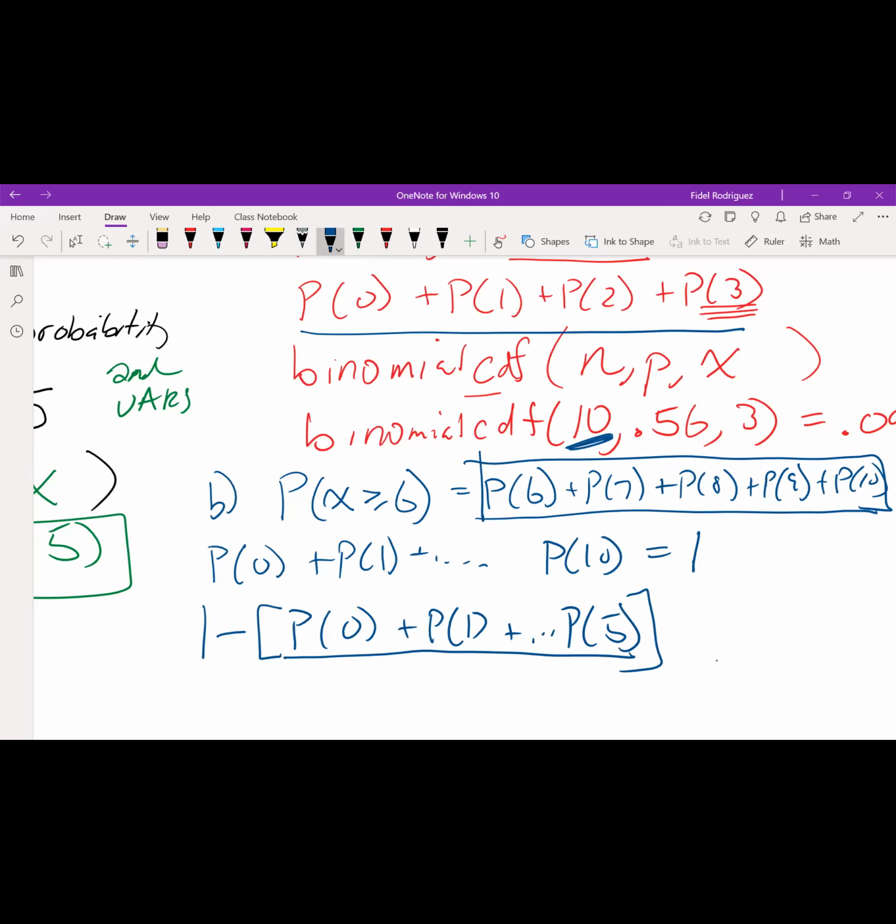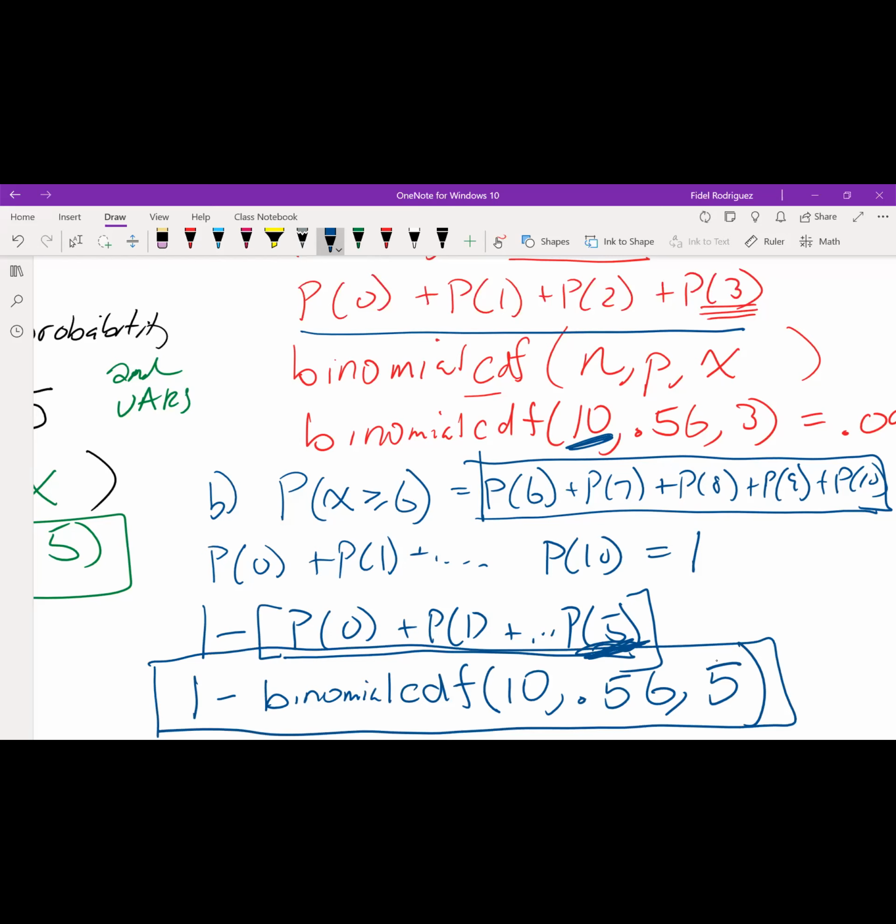I can go 1 minus my binomial CDF, where my N is still 10, my P is still 0.56, and my X is going to be 5 because it's the last value there. We're going to do this in the calculator, and I'm going to enter it exactly as I wrote it here.